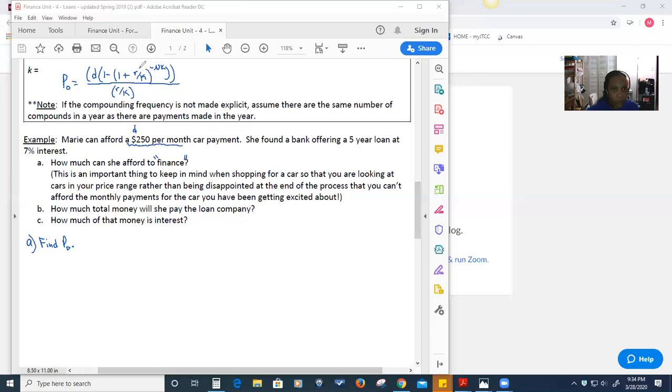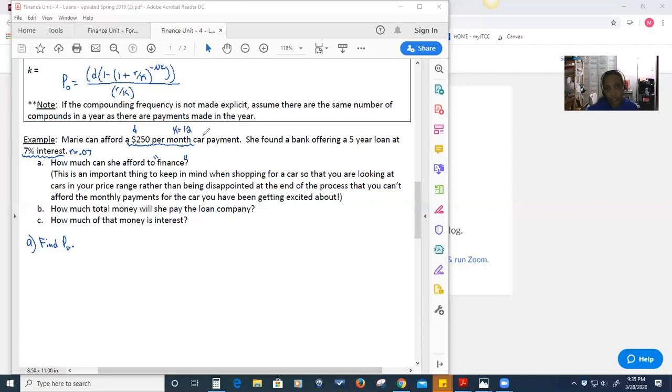Then we have R, the interest rate. Well, she's going to borrow the money from the bank, and they're going to give her a loan at a 7% interest rate. So we see from that that R is going to be 0.07. K, all right, well, the payments are monthly. So that means K is 12.